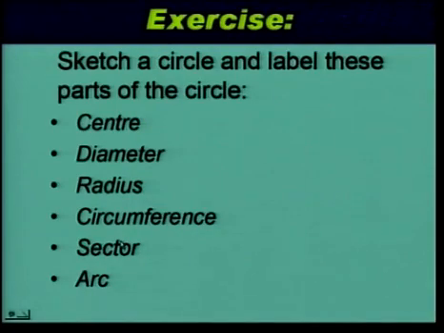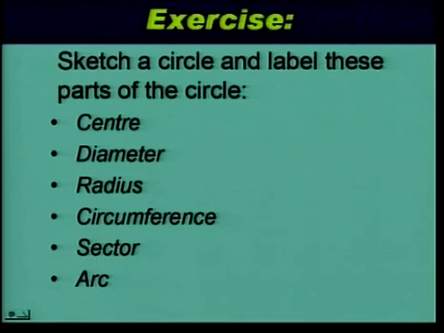Eighties and receiving students, we have our exercise on the screen. You can do this exercise individually, and the exercise is you're going to sketch a circle and label these parts of the circle. You have to draw an accurate circle, and you label the parts.